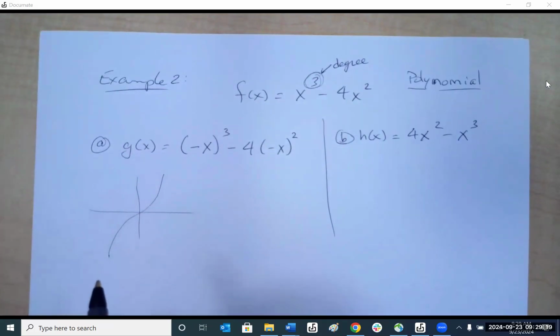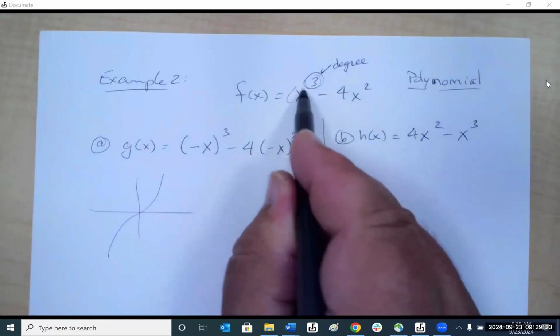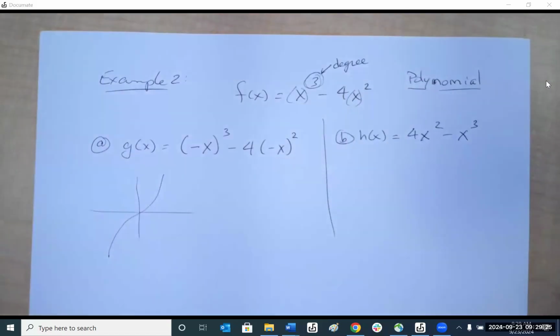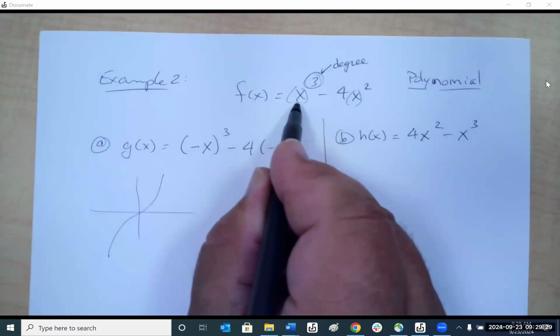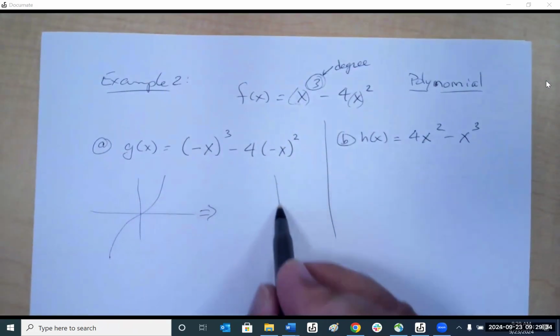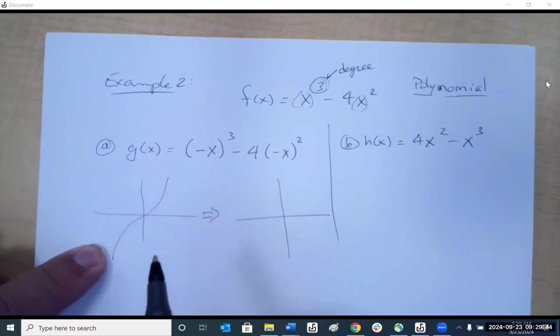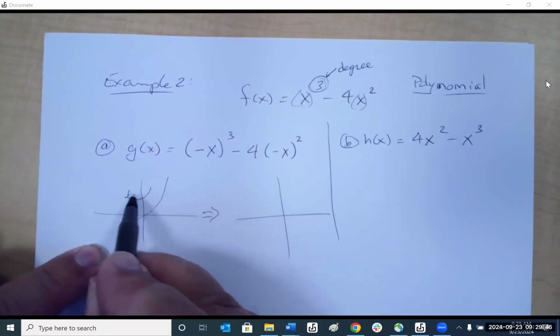Nope. You cannot distribute inside powers. Change the sign of positive x to negative x. So what does that do to my graph? No, it rotates it about the y-axis.